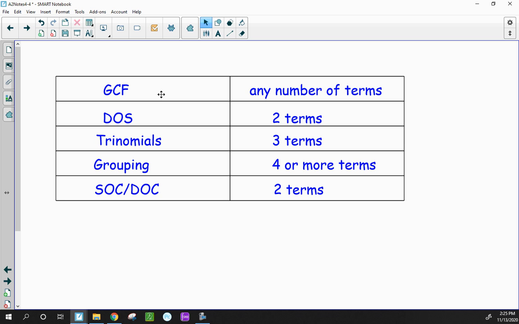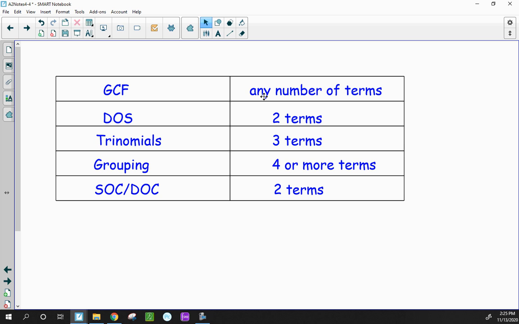Again, you see the 5 methods on the left side in the table, and on the right side it shows you how many terms should be present in the problem. If it is a GCF problem, GCF works for any number of terms. Sometimes you'll have 2-term problems like a binomial. You could have a trinomial.